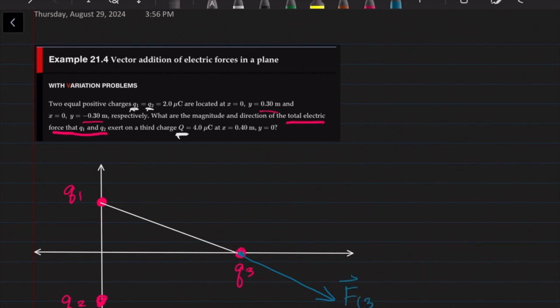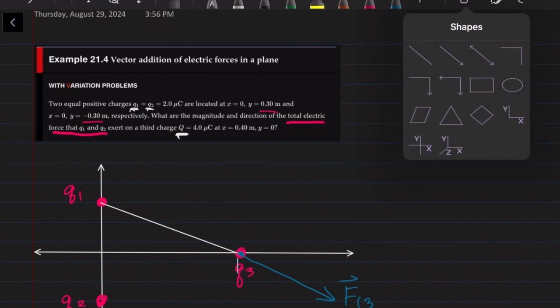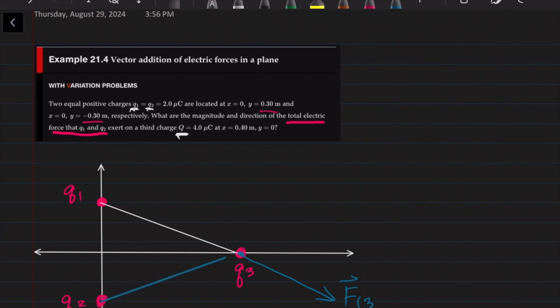F23, so the force that Q3 experiences due to 2, that's going to lie on that straight line path, and guess what? It's also going to be directly away because it's a positive charge. Okay, so we're just going to extend that line out and draw F23.